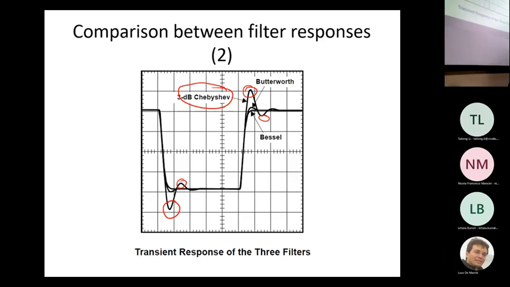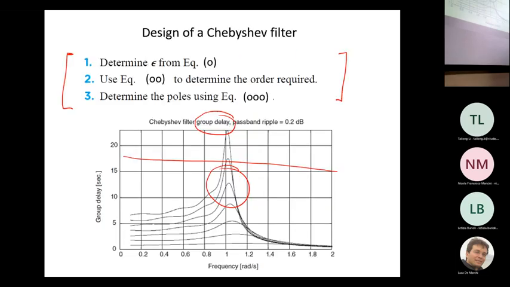Ripple in the frequency response is controlled by parameter A max. The ripple in the time domain is somehow related to the frequency response, but mostly it can be associated with the irregularity of the group delay response. The group delay, by the way, is given by the derivative of the phase with respect to the angular frequency.